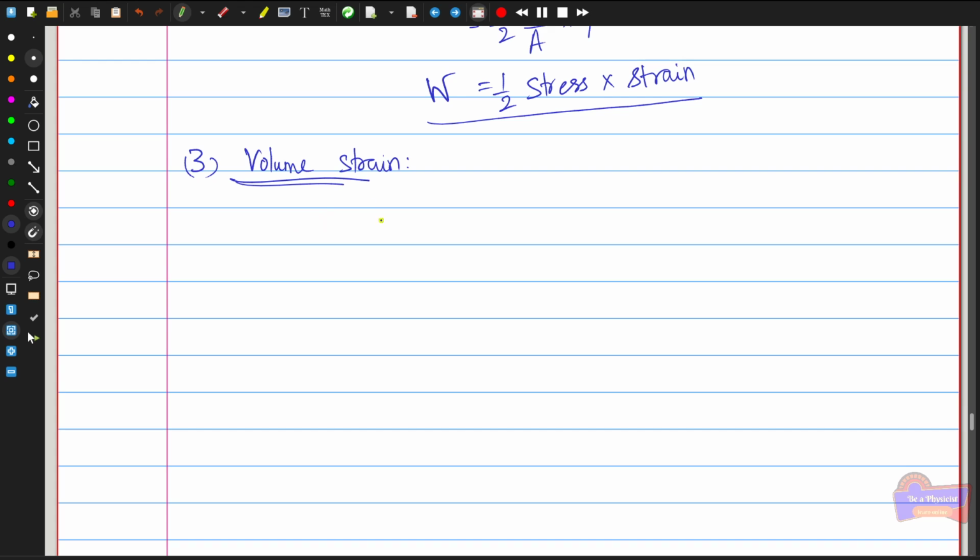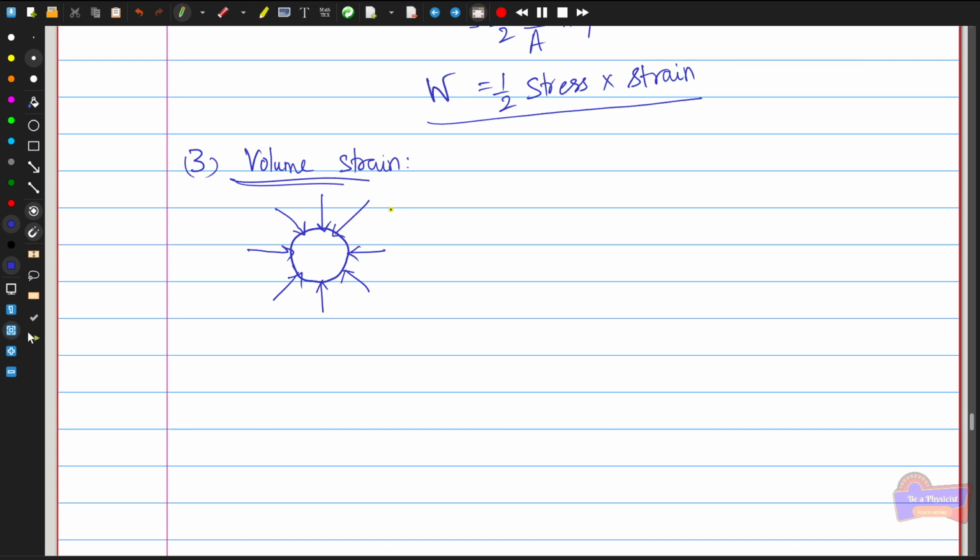This volume strain happens when you have an object and you are applying a force in each and every direction. Sorry, I forgot to tell you the difference between linear strain, shearing strain and volume strain.